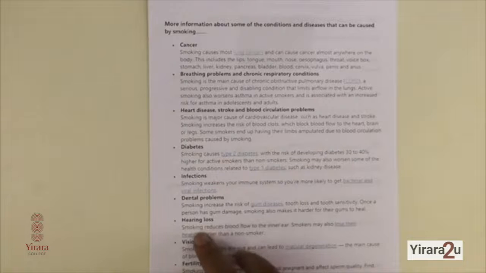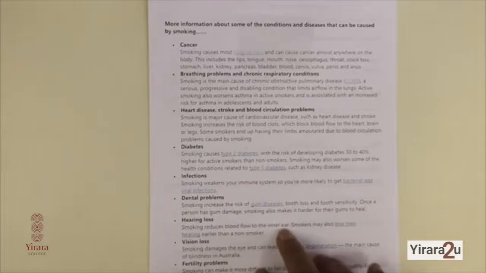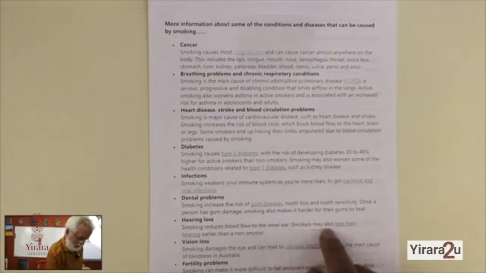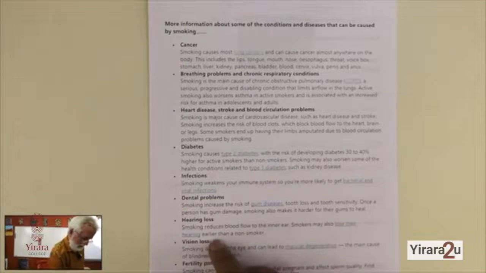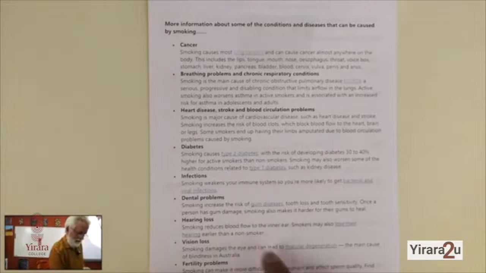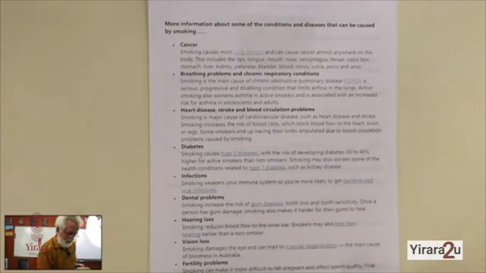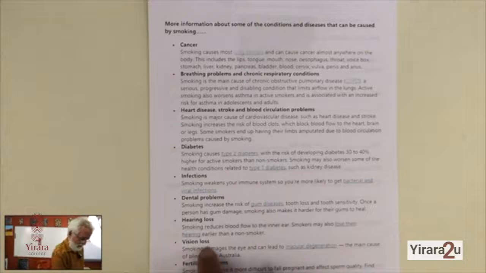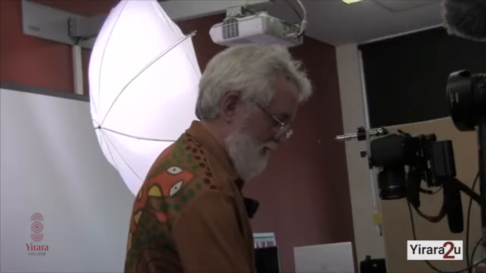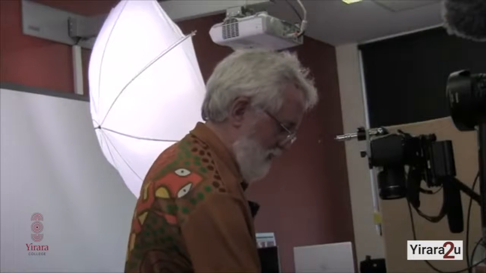Hearing loss. Wow. Smoking reduces blood flow to the inner ear. Smokers may also lose their hearing earlier than a non-smoker. So this is every part of our life. Vision loss can be another problem. Smoking damages the eye and can lead to macular degeneration, the main cause of blindness in Australia. It could also lead to fertility problems.